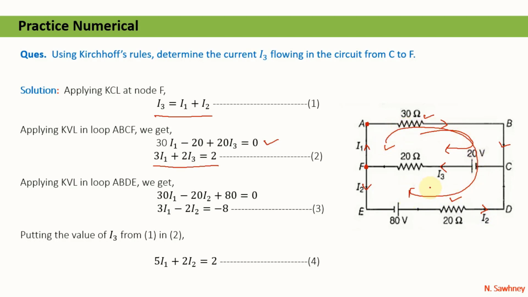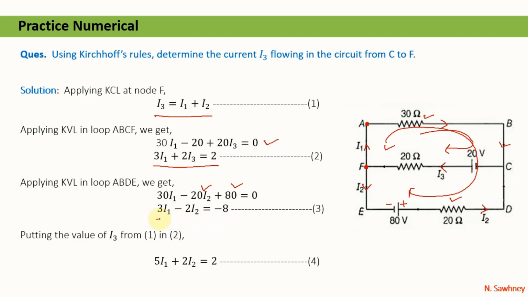So it is opposite to the direction of travel, so we will consider it as minus of 20 I2 as I have written here. Now the terminal which is occurring is positive of 80 volt, so we have taken it as plus 80 equal to 0. Simplify it, we will obtain this. Let us mark it as equation number 3.